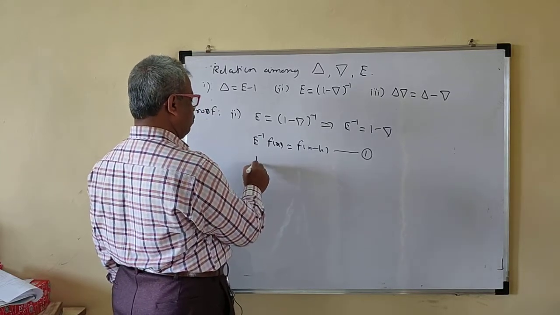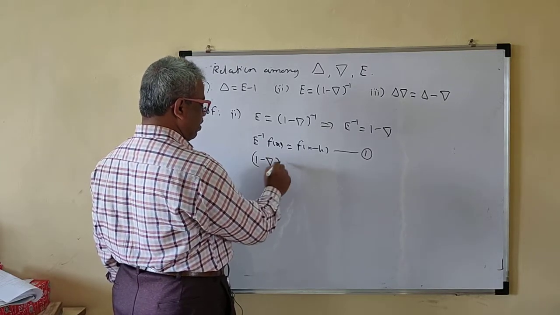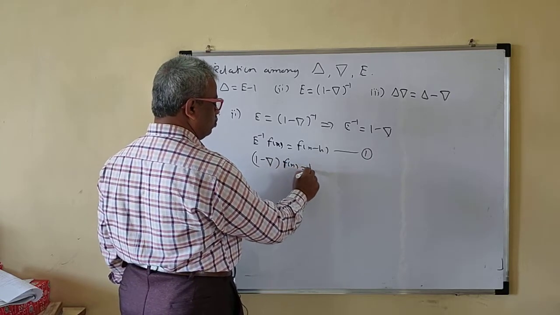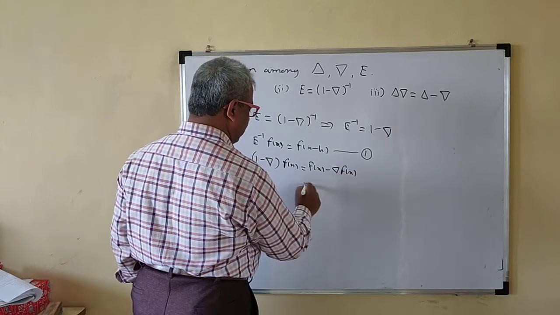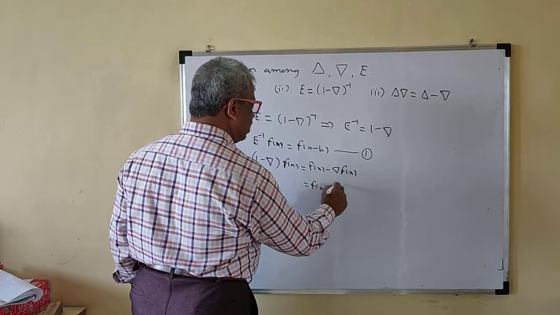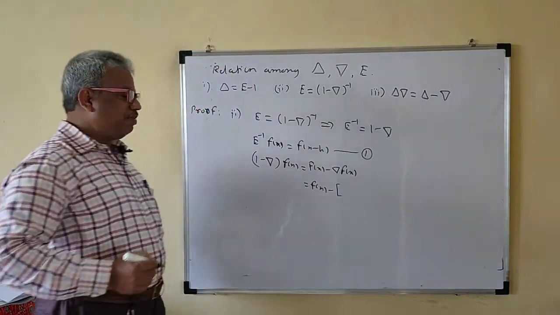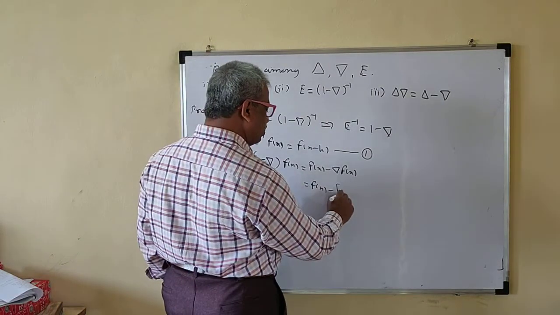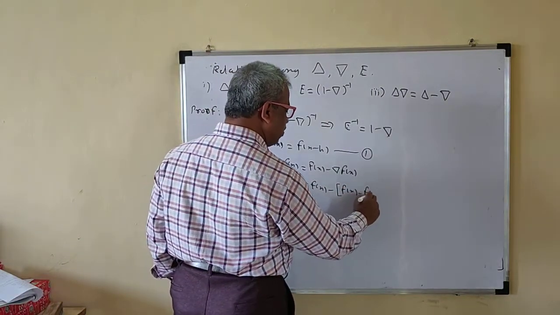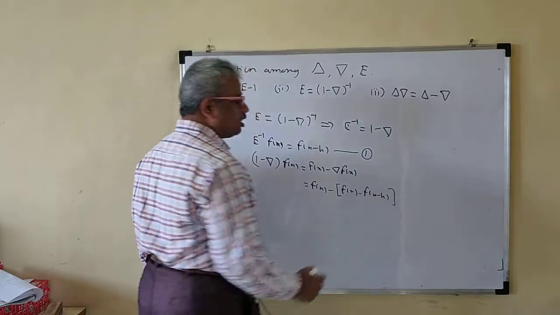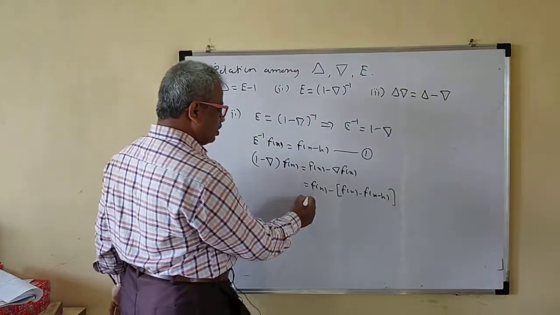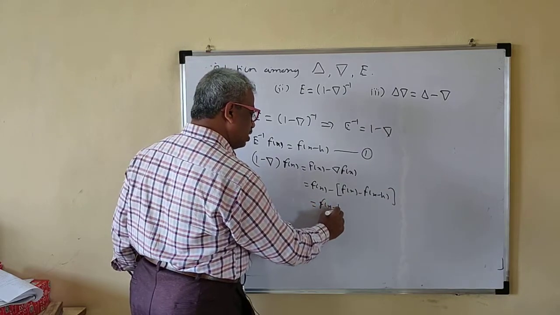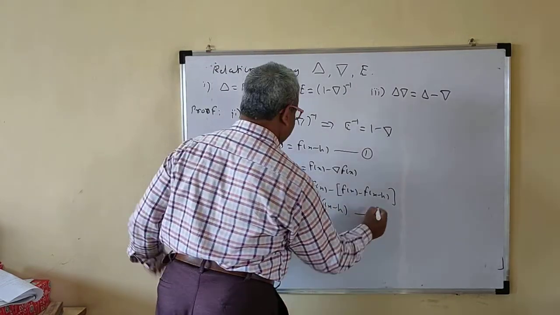So now 1 minus nabla f of x. So this is f of x minus nabla f of x. Nabla means this is f of x minus f of x minus h. This is the definition of the backward difference operator. Now your f of x gets cancelled, and this is f of x minus h. We call this 2.